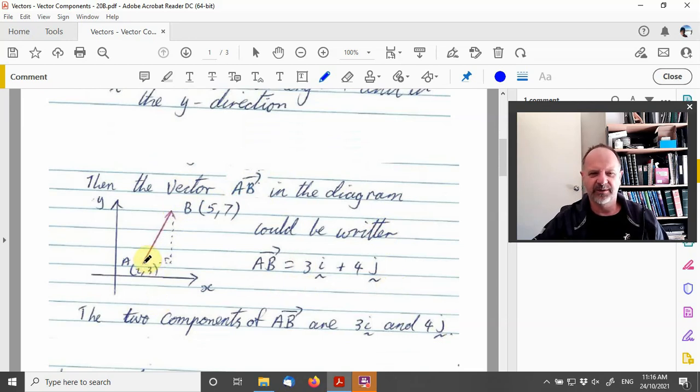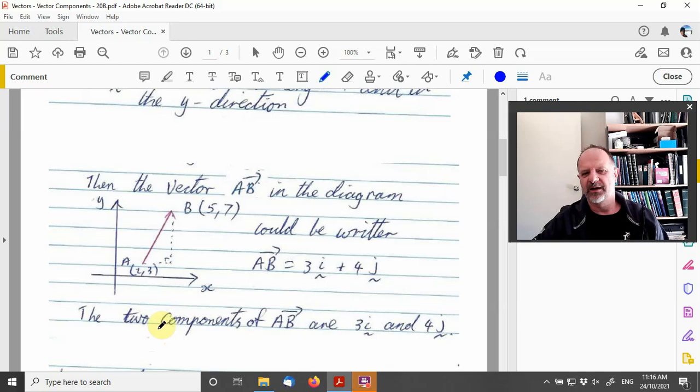Because from A to B, we go from 2 to 5 in the x direction, which is 3 in the positive x direction, so 3i. And 4j, we go from 3 to 7 in the y direction, the j direction, so 4j.